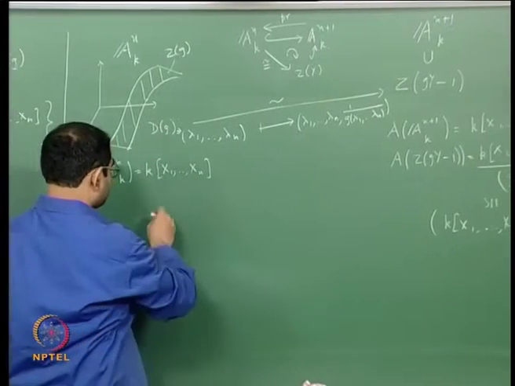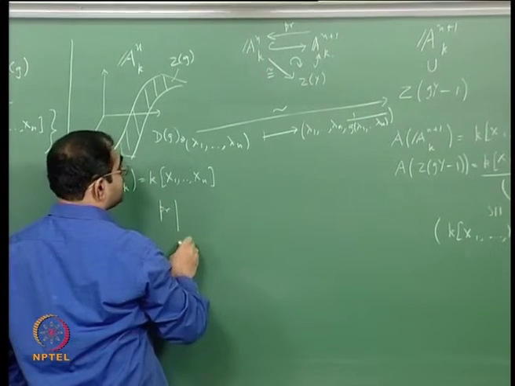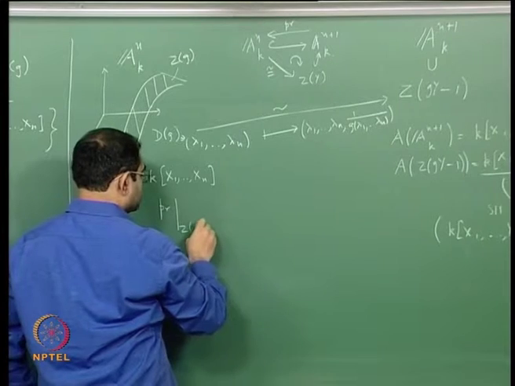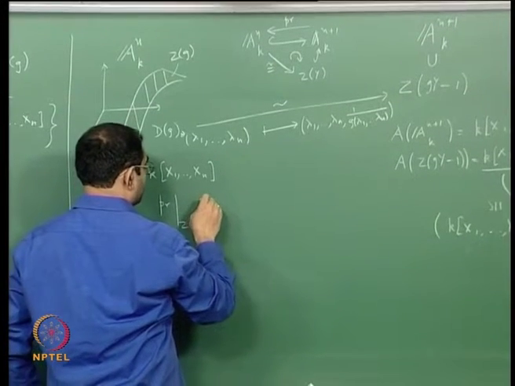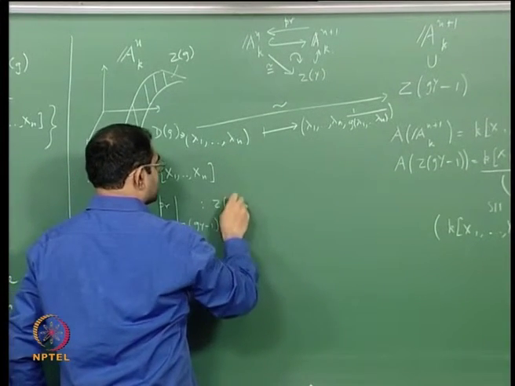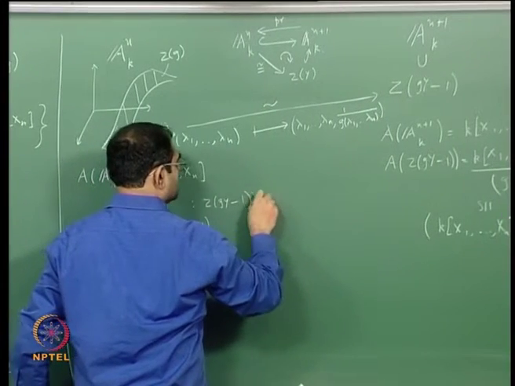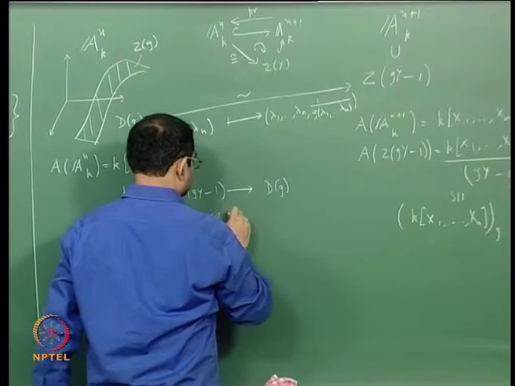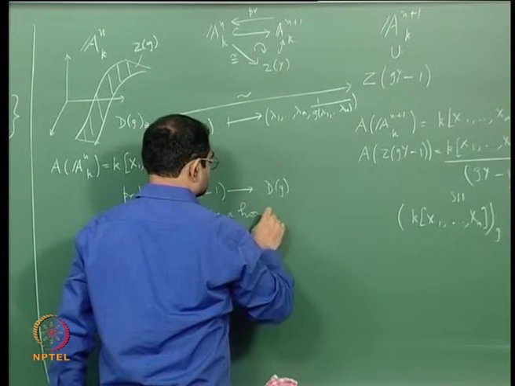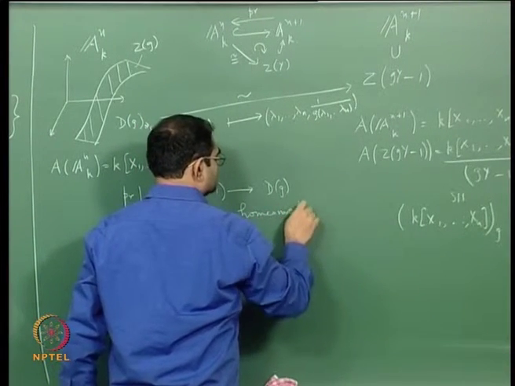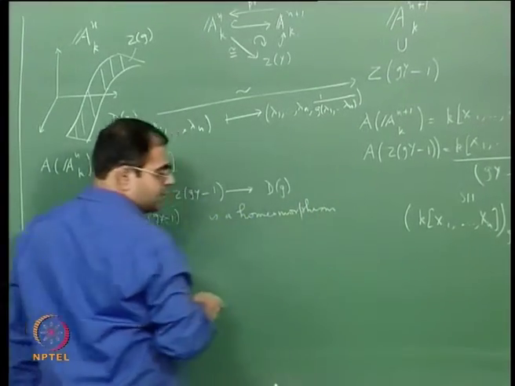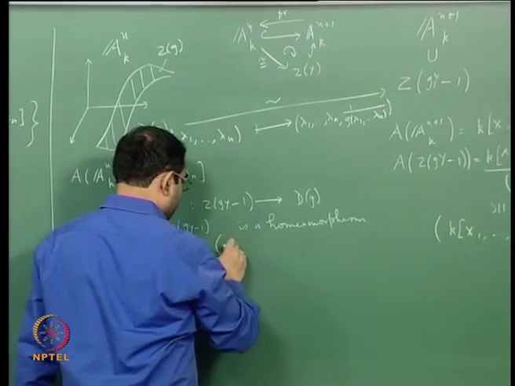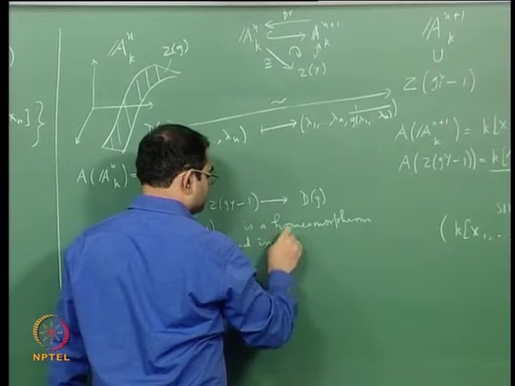So the projection restricted to Z(gy - 1), from Z(gy - 1) to D(g), is a homeomorphism, and we will see later that it is in fact an isomorphism of varieties.